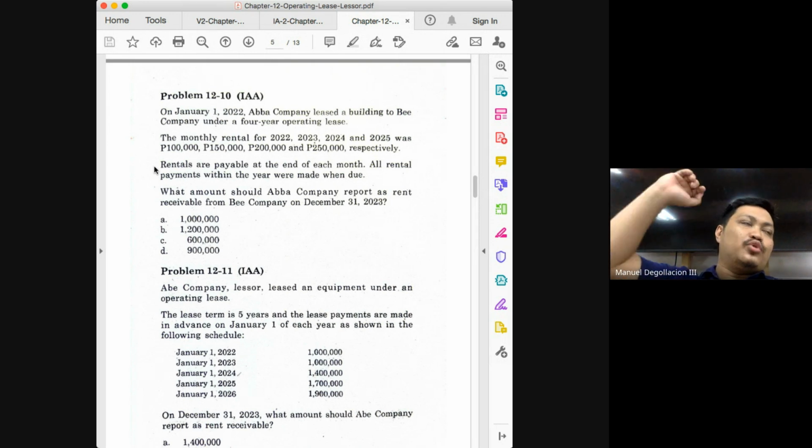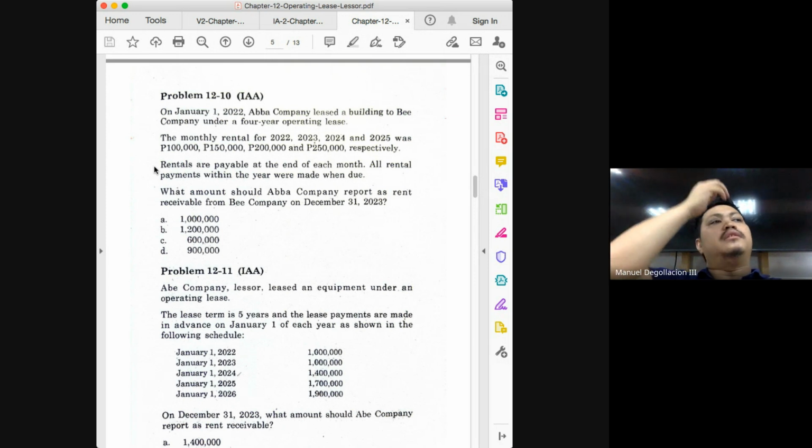In an attempt to make the problems difficult, you will be asked to solve for your net rental income. And all you have to do is to deduct your expenses. And the challenge there would be on you correctly identifying the expenses to be deducted from your rental income.